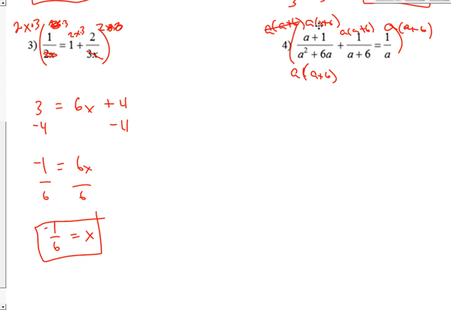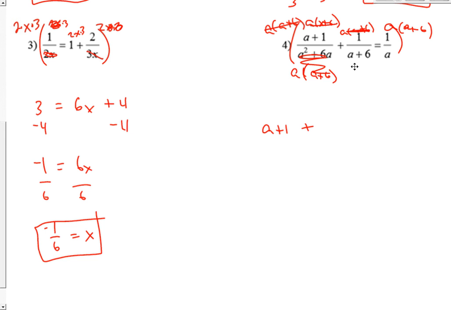Okay, and once you distribute, you look at each of the fractions. So a times a plus 6 is the same thing as the denominator here, which cancels to leave us with the numerator of a plus 1. In the second fraction, we have a times a plus 6 over the a plus 6.